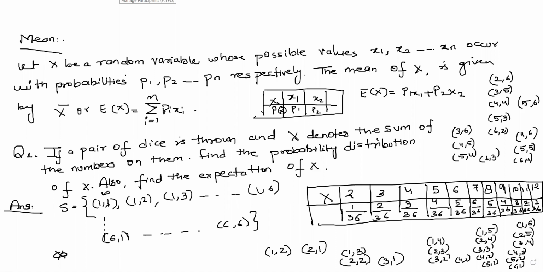No, 0.5? What does 0.5 mean? No, that's not correct, Josefa. You need to multiply these: 2 into this, 3 into this, 4 into this, 5 into this, up to 12 into this one. Then whatever answers you get, add all those.